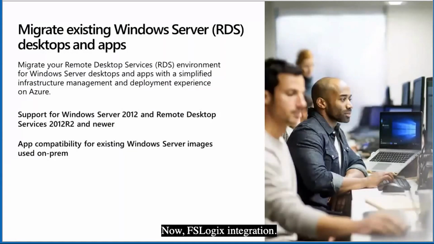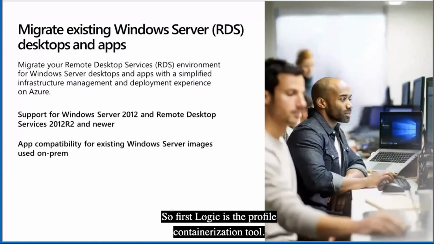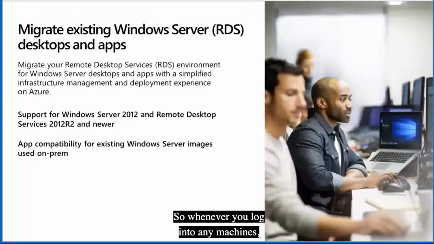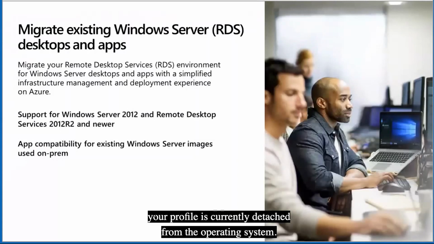Now, FSLogix integration. FSLogix is a profile containerization tool. You can detach the user profile information from the operating system, so whenever you log into any machine, you will get a seamless experience because your profile is detached from the operating system. We will be talking about profile management in the second module.